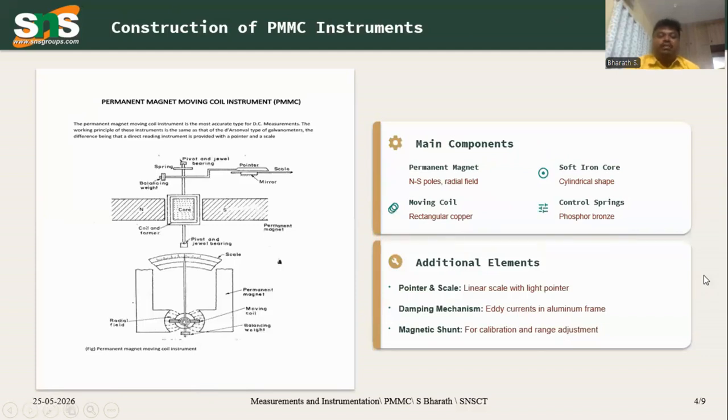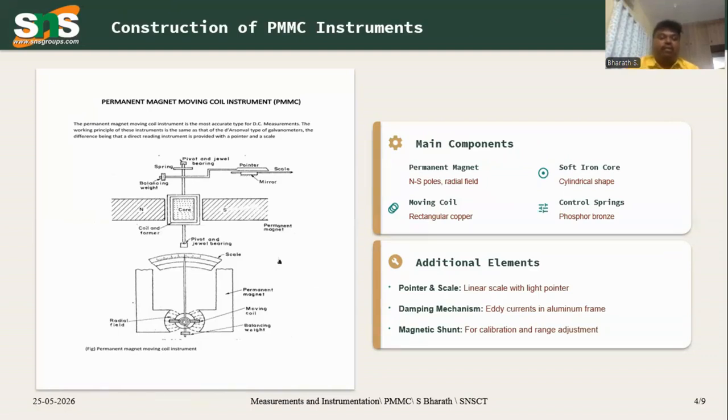This diagram shows the construction of the permanent magnet moving coil instrument. As you see in the figure, the PMMC instrument has some parts. First, the permanent magnet. N and S represent the two poles, north and south, of the permanent magnet. At the center, you have a soft iron core, cylindrical in shape.